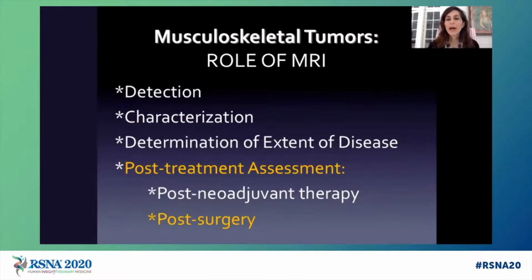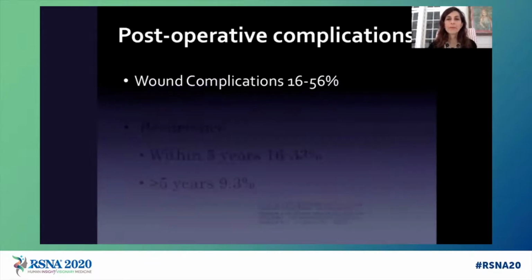So we can apply all these sequences to the various roles that MRI plays in assessing musculoskeletal tumors. And today we're going to be discussing the scenario after surgery. There are complications that occur, most commonly wound complications such as infection and postoperative fluid collections that I think we are mostly all familiar with identifying.